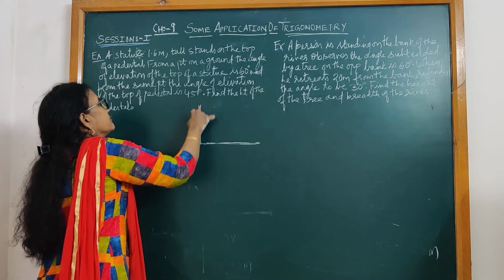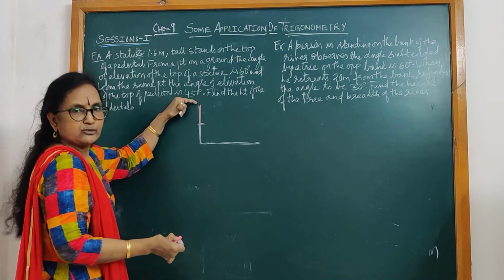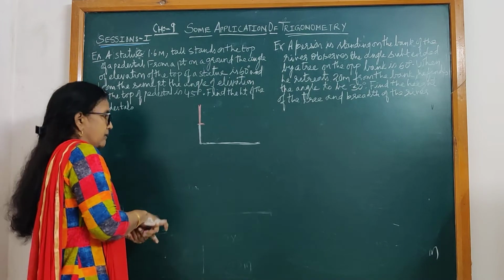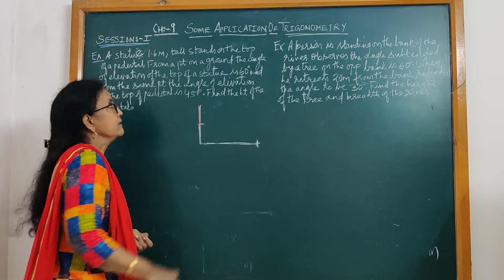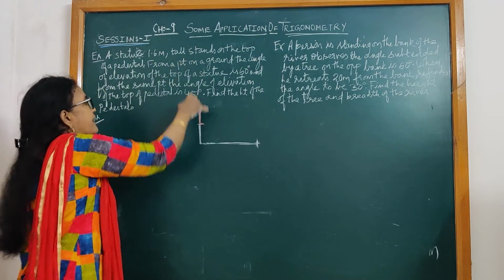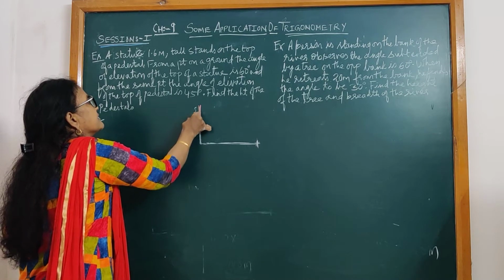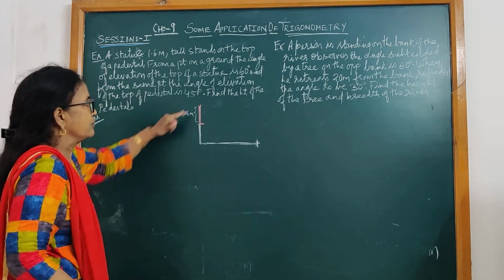This is your statue. So this is a stand. On the stand, the statue is kept. You are standing here. A statue is 1.6 meter tall. So the height of this statue is 1.6 meter.